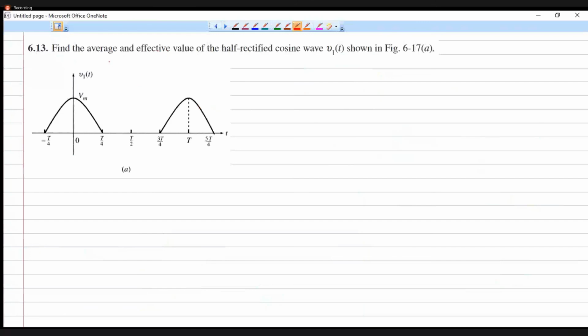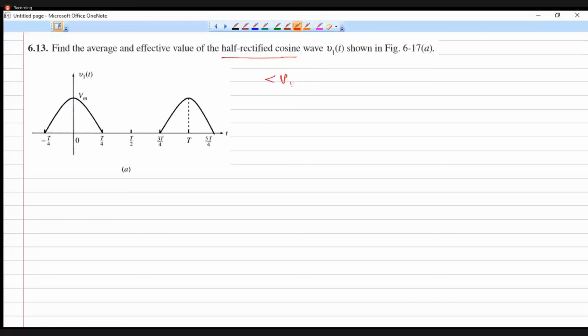This is an example of a half wave rectified sinusoidal function. By sinusoid, it means cosine or sine. It doesn't matter, both are called sinusoidal functions. So we have already derived the expression for the average value.